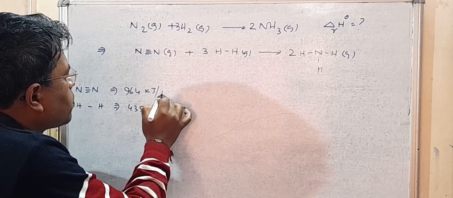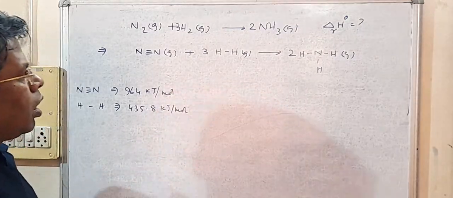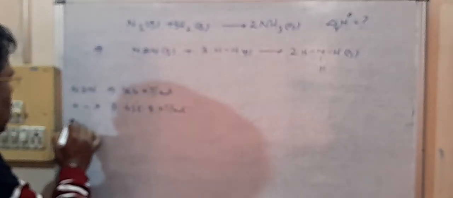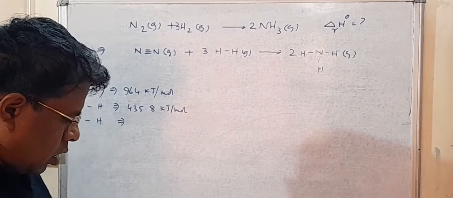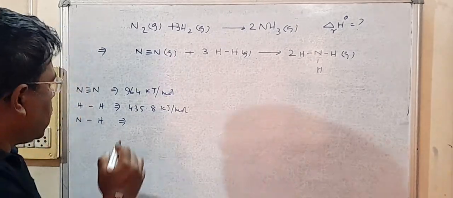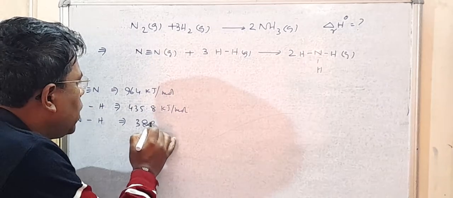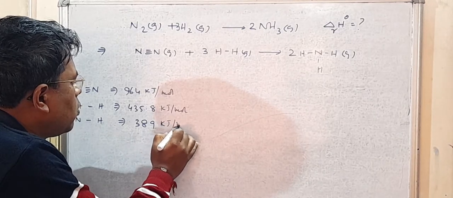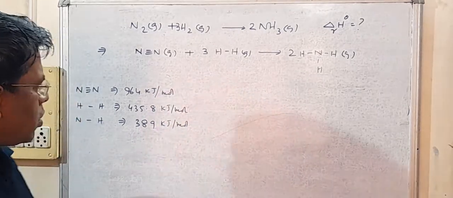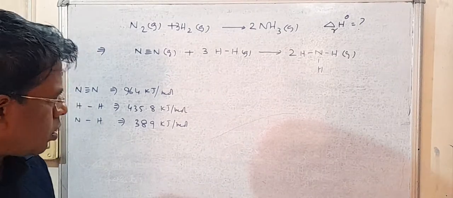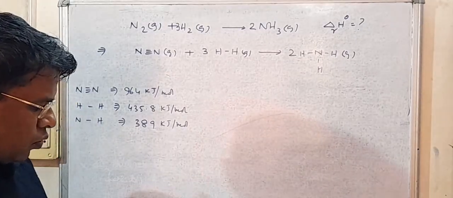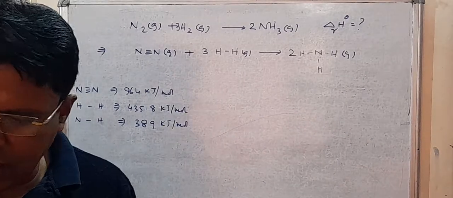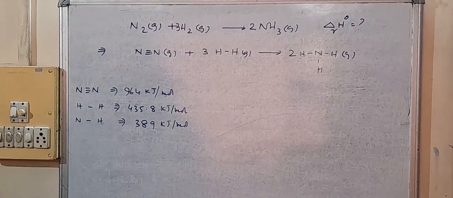These are all kilojoules per mole. And N single bond H, this bond energy is found in the table to be 389 kilojoules per mole. So this I have got from the table. You should try yourself to find out from the table how to read it, as I told you the other day.